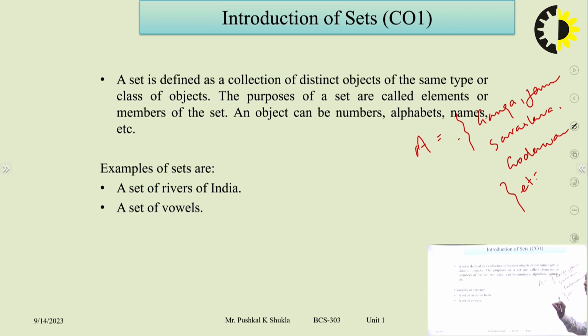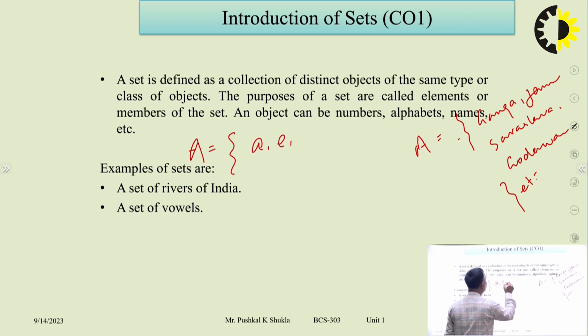So, a set is defined as a collection of distinct objects of similar type, same type. For example, a set of vowels of English alphabet. Suppose A equal to vowels of English alphabet: a, e, i, o, u. So, this is a set.